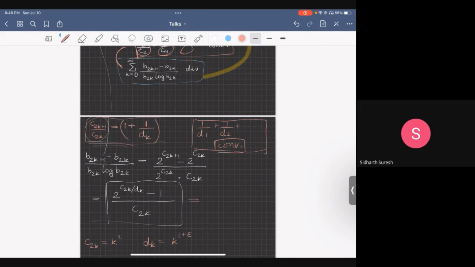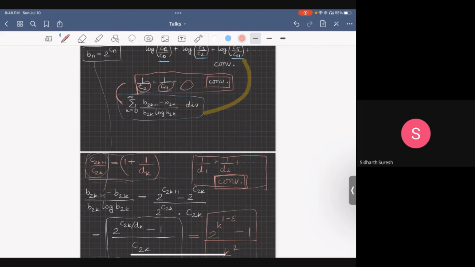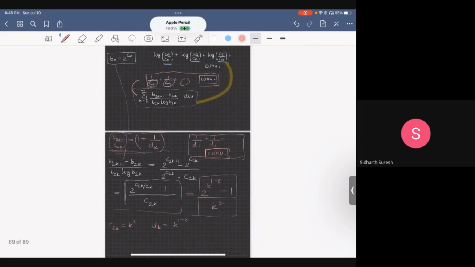It's 2 raised to k raised to 1 minus epsilon, over k squared. And this diverges because it's 2 raised to something, exactly. And this converges because it's 1 over k raised to 1 plus epsilon, and this converges because it's 1 over k squared. And we're done.